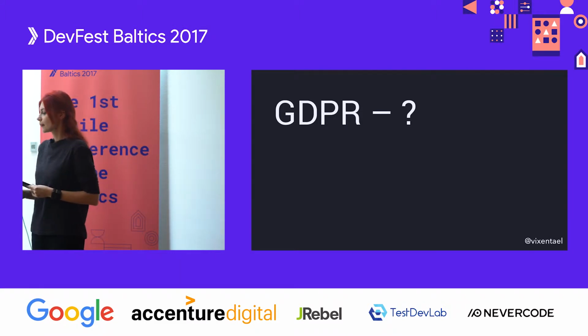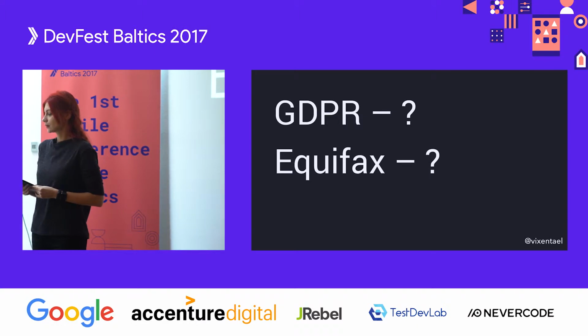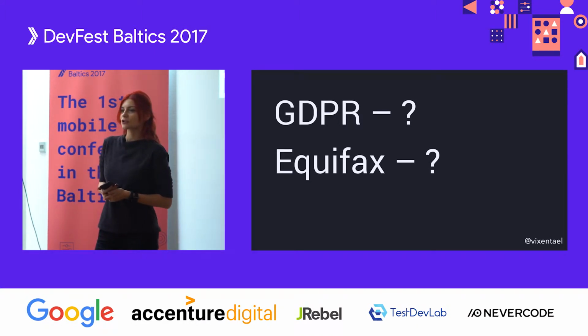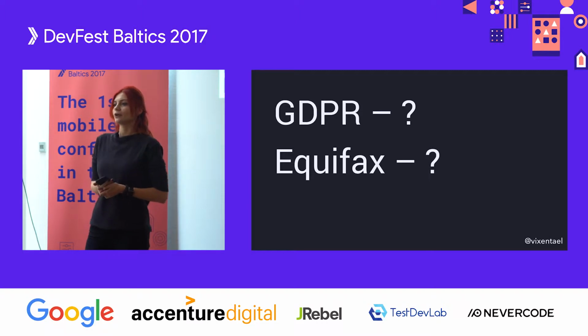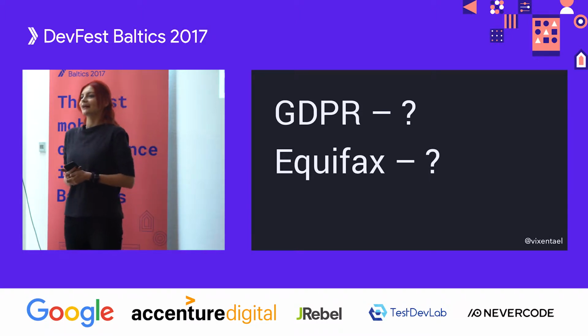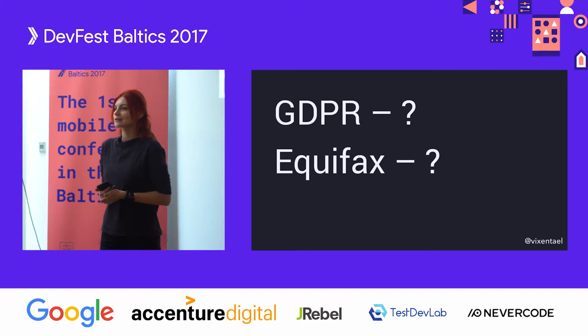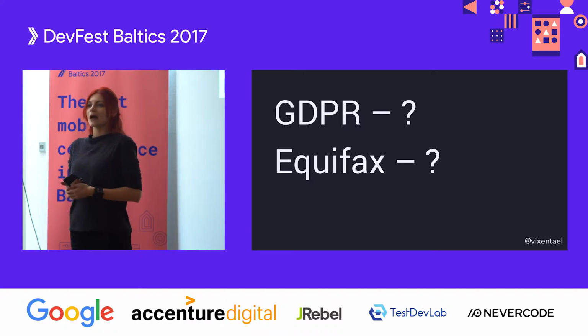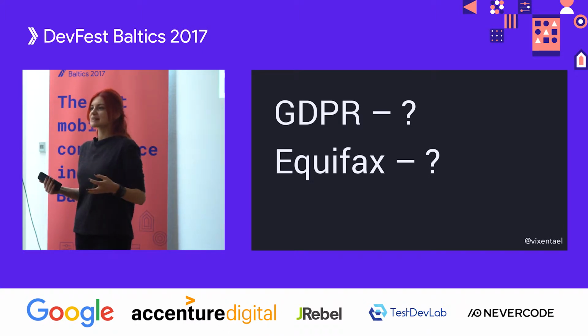Okay, moving forward. Equifax. Do you know what Equifax is? The story behind Equifax? Yeah? 1, 2, 3, 4, okay. 5, okay, almost 10. So Equifax is a credit bureau, and they had a massive data leak several months ago. What information do credit bureaus usually have?